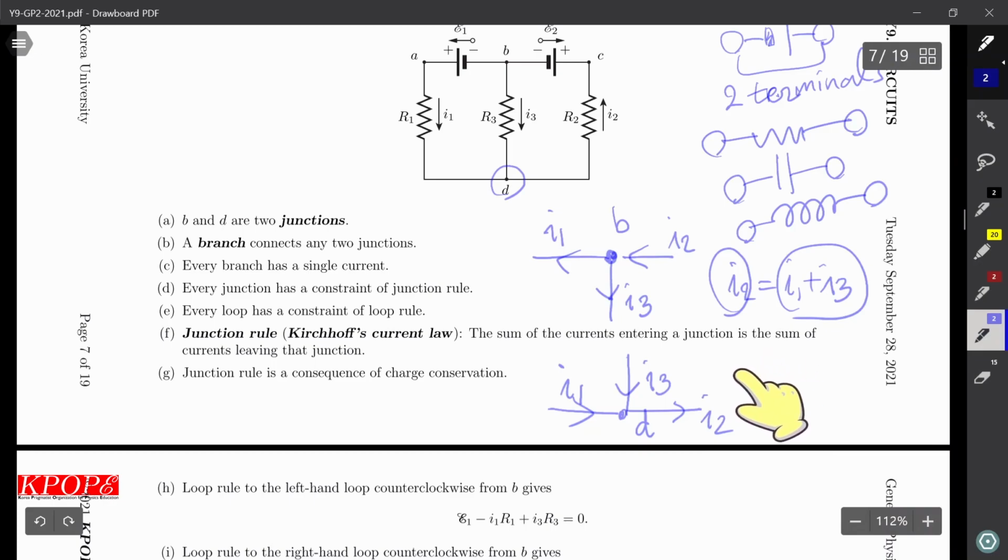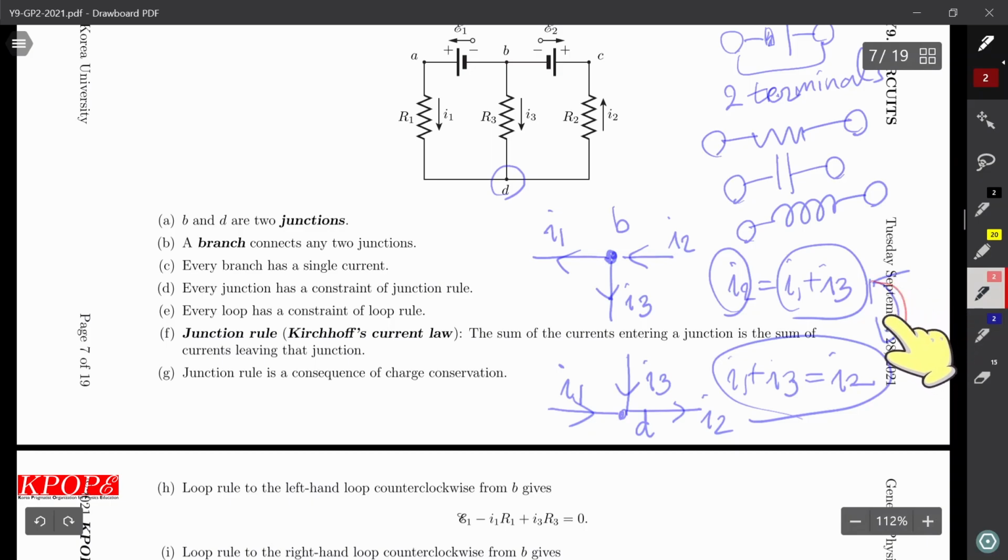Again, I2 equals I1 plus I3. So these two rules are redundant. We need only a single one, because they are equivalent. The junction rule is a consequence of charge conservation, and charge is not accumulated anywhere.